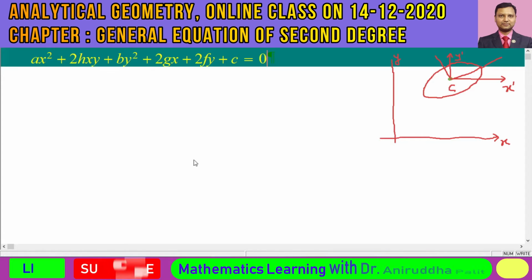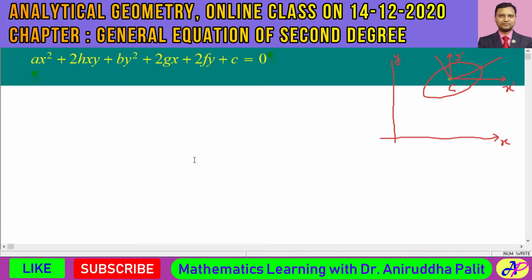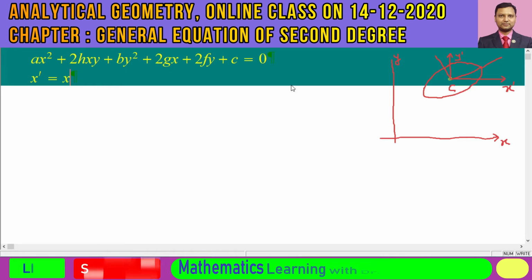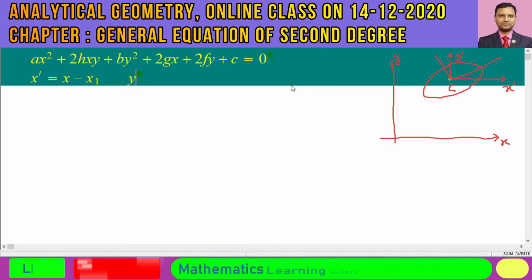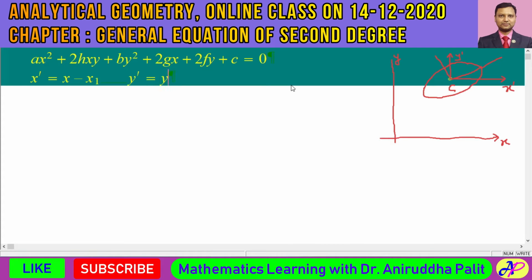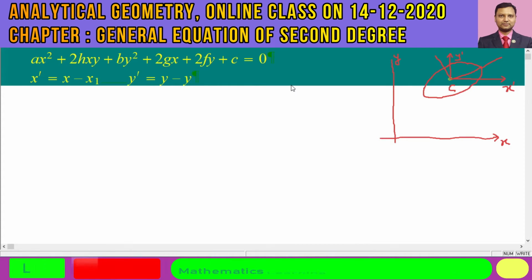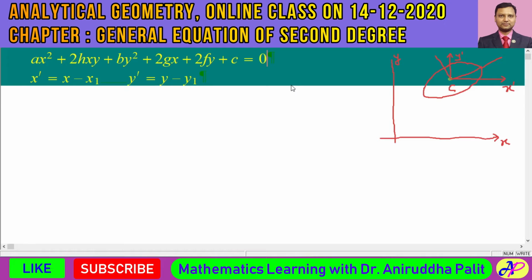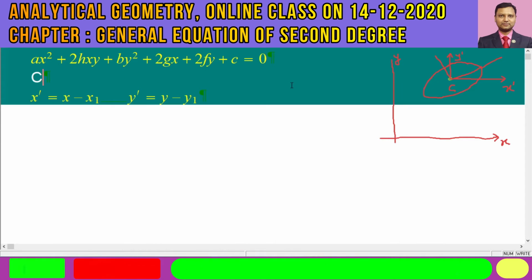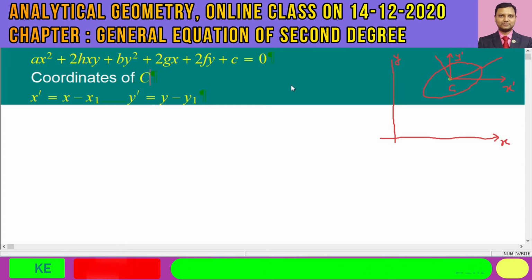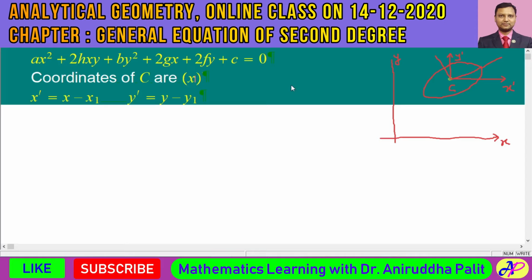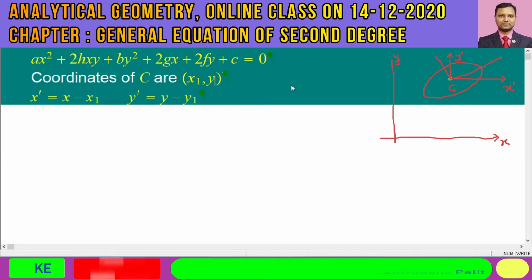So this is the general equation of second degree, and if we apply a translation to the x prime and y prime coordinate axes, then x prime would be equal to x minus x1 and y prime would be equal to y minus y1, because the coordinates of the point C are x1 comma y1.